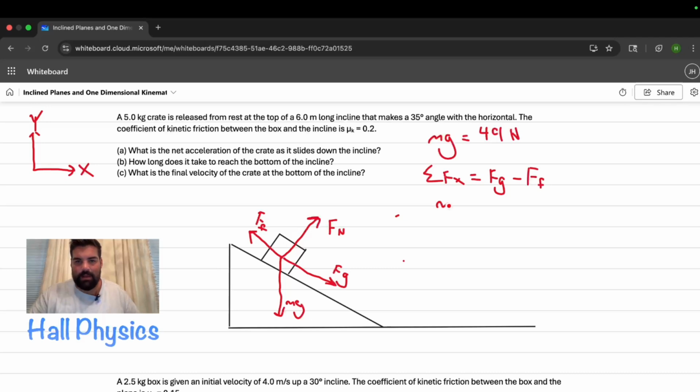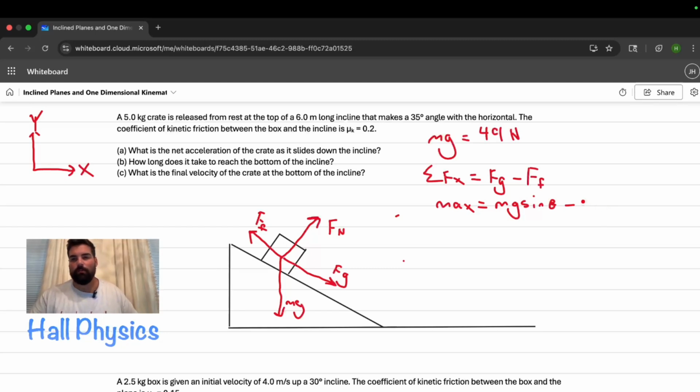So let's go ahead and rewrite that. So we have mass times acceleration in the x direction is equal to mass times g sine of theta, mg sine theta, because that's what Fg is equal to if we did our little imaginary triangle right here, minus the normal force times the coefficient of friction.